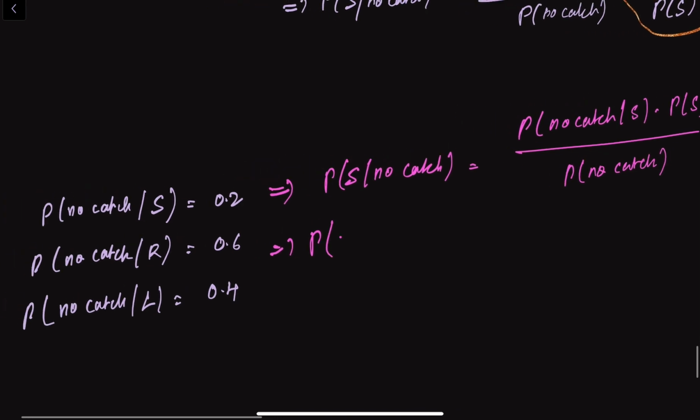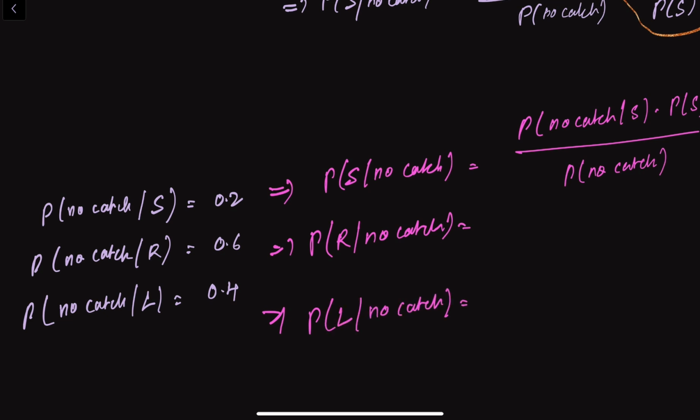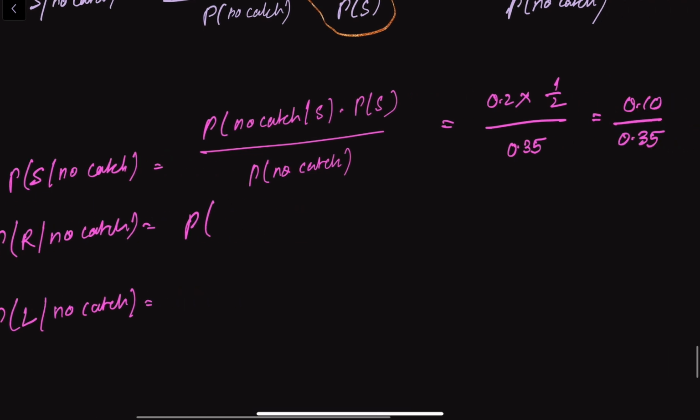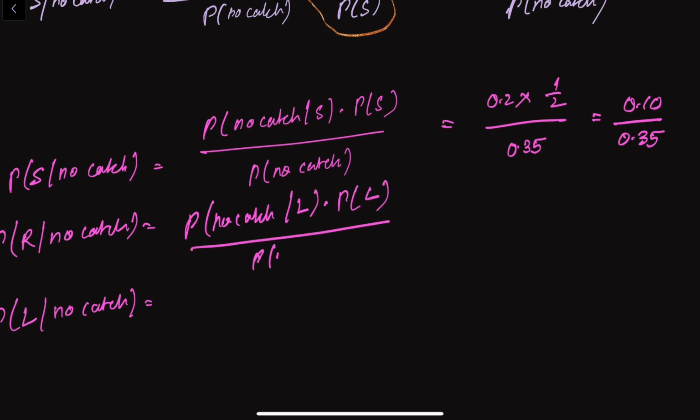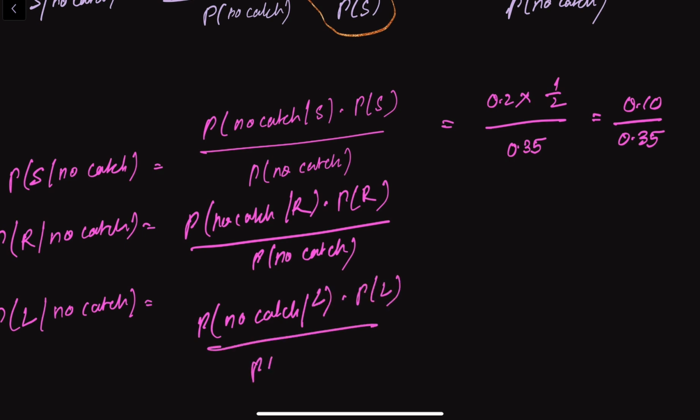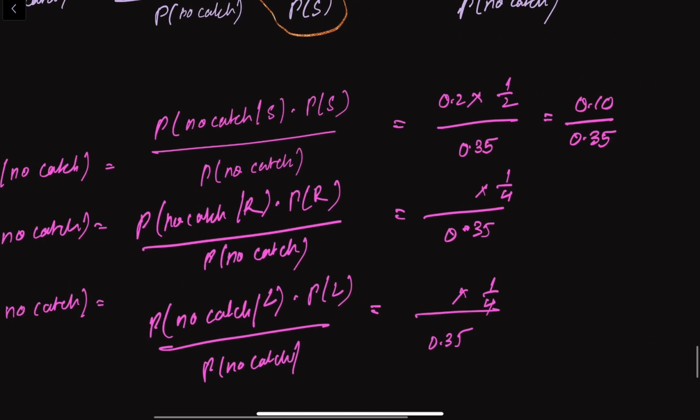In a similar way, we can find the probability that he went to a river given that he did not catch a fish, and the probability that he went to a lake given that he did not catch a fish. This is the probability of not catching given the lake times the probability of going to the lake, divided by the probability of not catching a fish. The denominator is the same for all of them, 0.35. The probability of going to a river is 1/4, and for a lake it is 1/4. The probability of not catching given the river is 0.6, and for the lake it is 0.4.